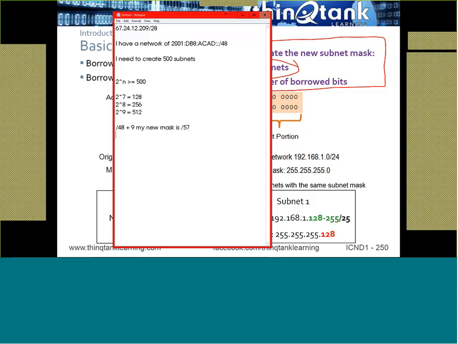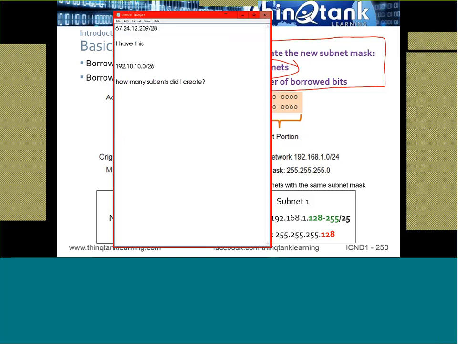Now, they might ask you a different question. They might say, well, I have 10.10.10.0/26. Actually, let's not do that. I'm trying to keep you guys away from having to do serious powers of 2, but I have this, 192.10.10.0/26. How many subnets did I create?